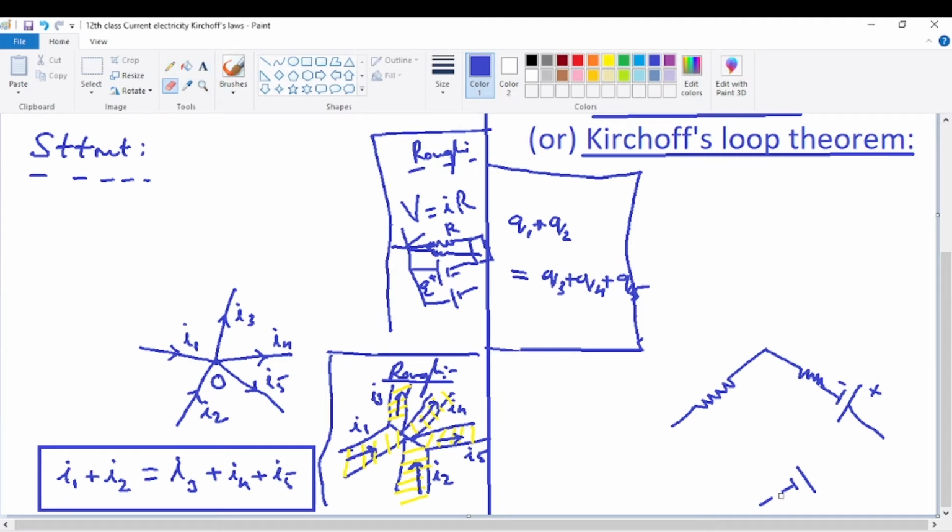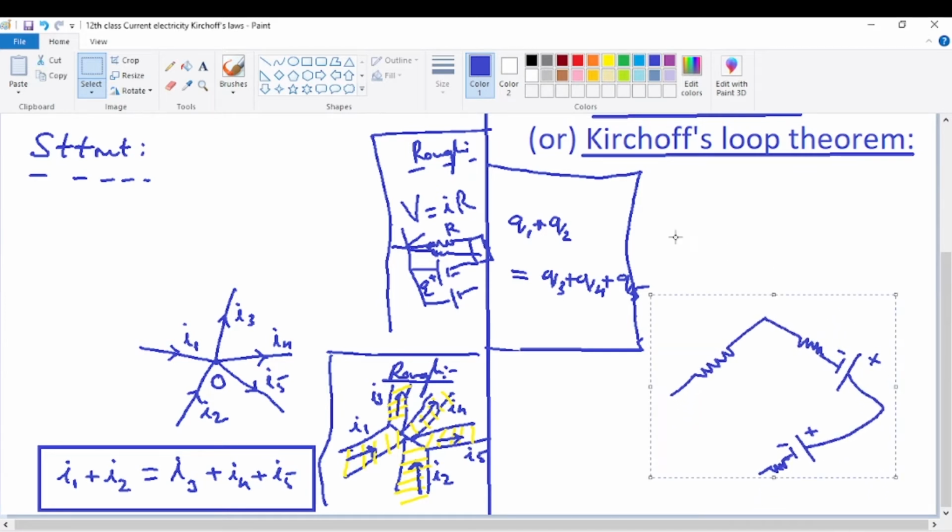So resistor I'll take it here. This is again negative terminal, positive terminal. I'll shift the diagram a little upwards. So as complicated as possible, I'm taking the circuit.